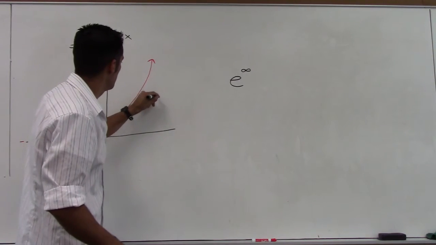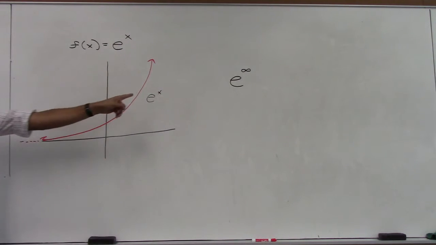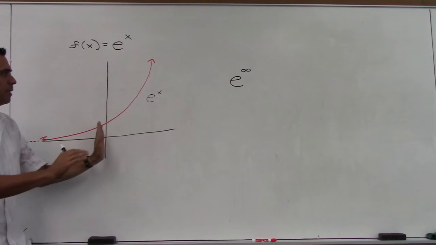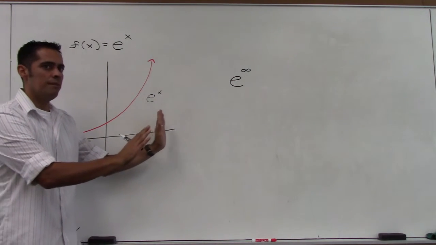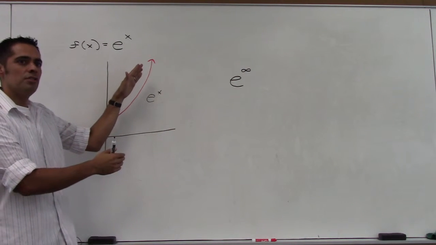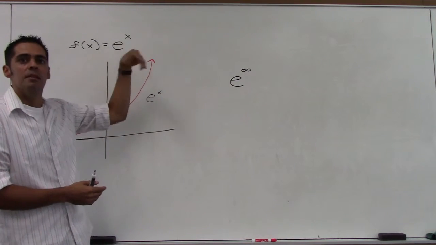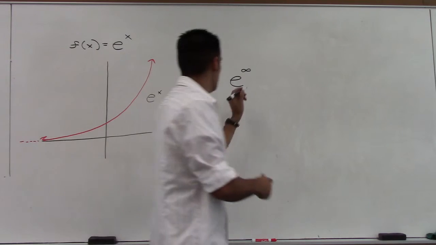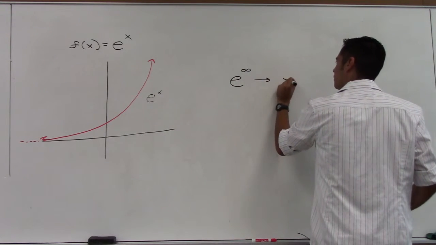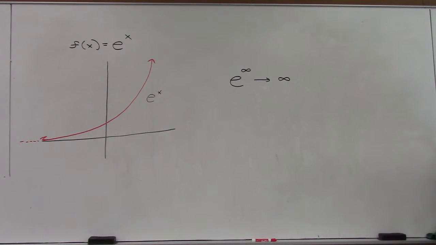That's what e to the x looks like. As the x gets bigger, 1, 2, 3, 4, the actual value of the function keeps going up and up and up. So where is the graph headed? Positive infinity. So this tends to infinity.